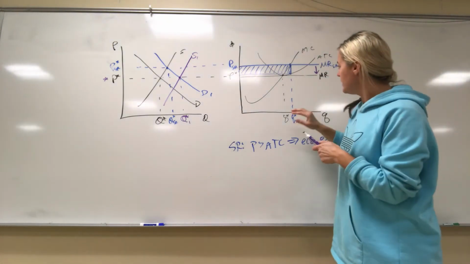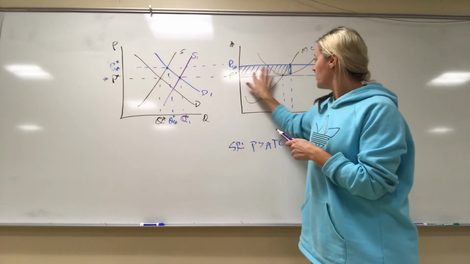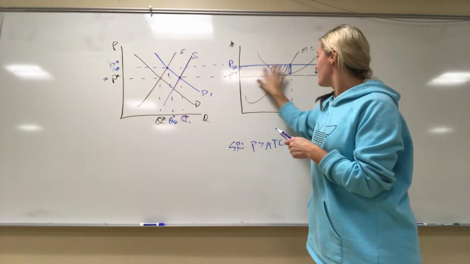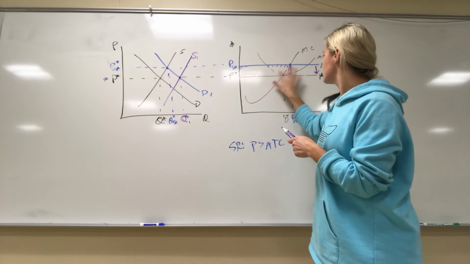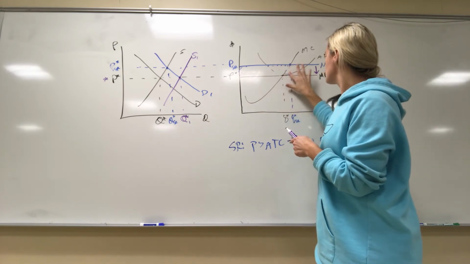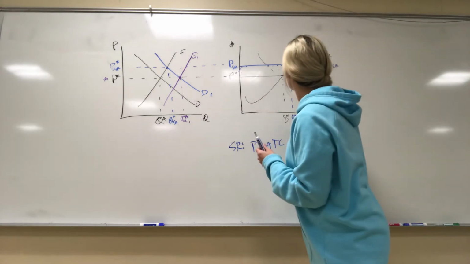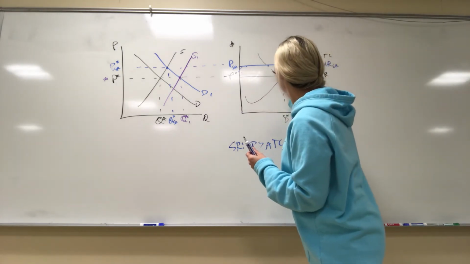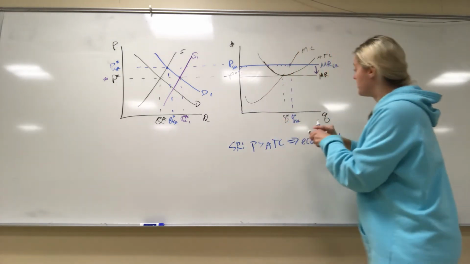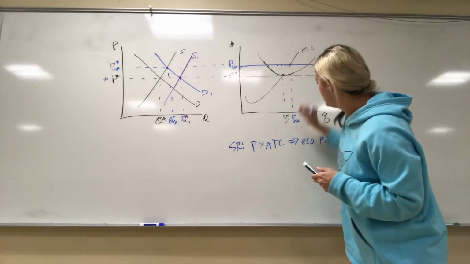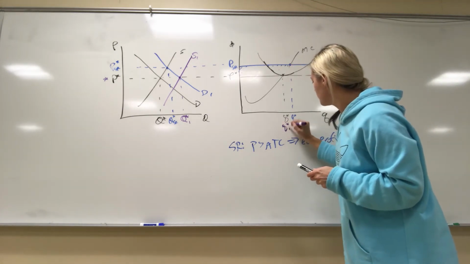So in the long run, we don't have this profit occurring. Let's get rid of this, it's a little messy. We'll put the cost curves back on here, and we'll call this Q star 1.